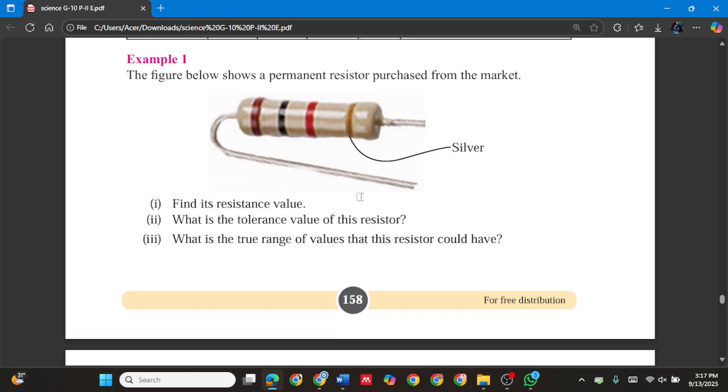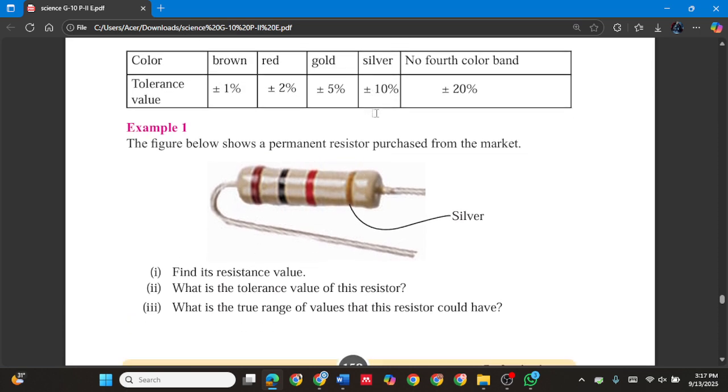What is the tolerance value of this resistor? It is silver, so plus or minus 10%.